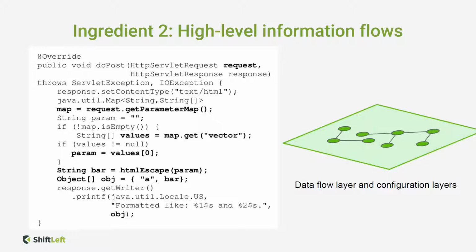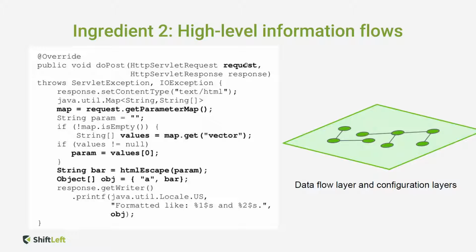So now that we have these data flows, we do something that I think is novel. We actually stitch together these low-level data flows to create what we call high-level information flows. And the idea is, well, let's consider this example here.